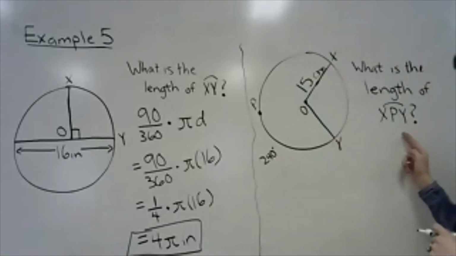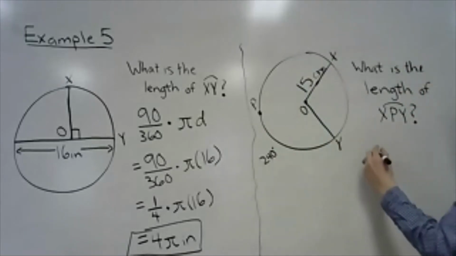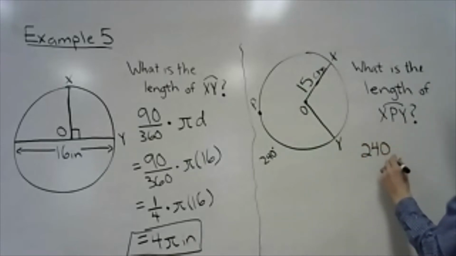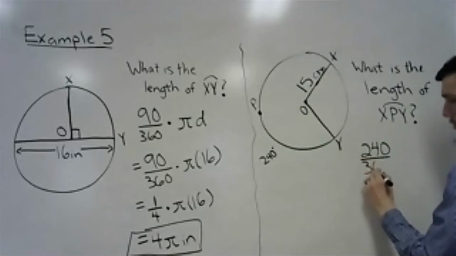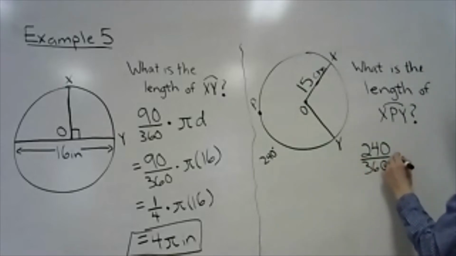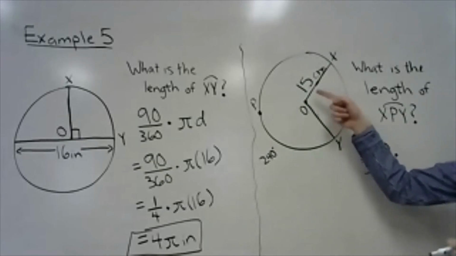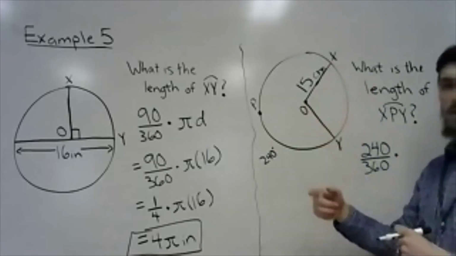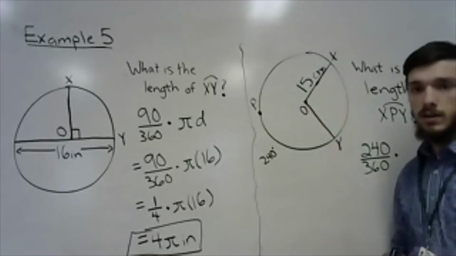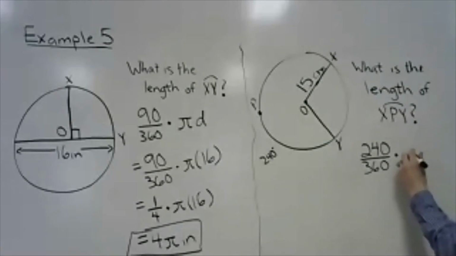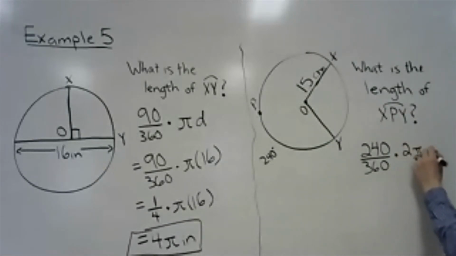So to find the length of XPY, we're going to take 240 divided by our whole circle, 360. And we're given the radius here, so we have to use the radius form of our circumference equation. So we have 240 over 360 times 2 times pi times our radius.